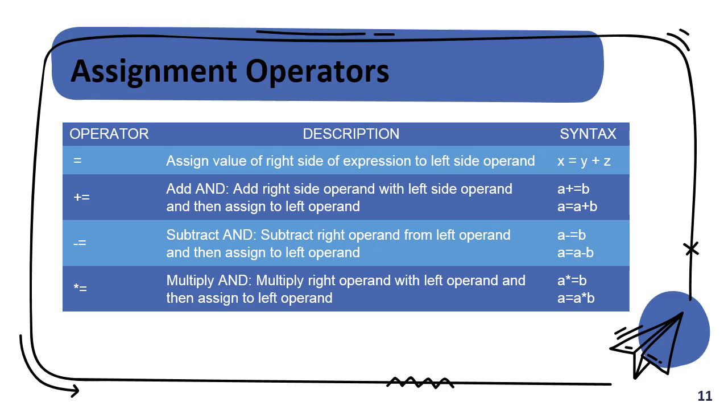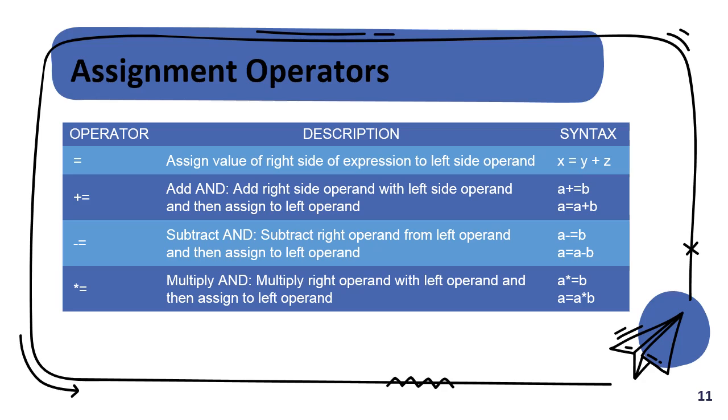Then the add and operation. In this operation, we add the right side operand with the left side operand and then assign it to the left operand again. So a plus equal to b is equal to a equal to a plus b. Then subtract and: it subtracts the right operand from the left operand and assigns it to the left operand.